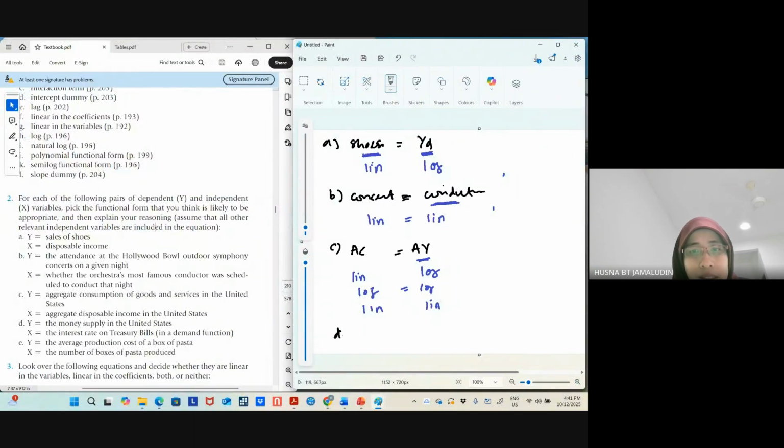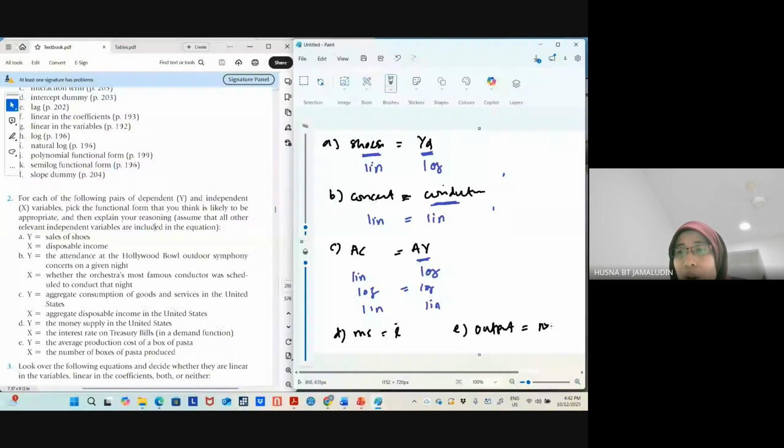D, money supply and interest rate are macro variables. So money supply and interest rate, this will be log. Okay. And E, average production cost. Production cost is normally what we call the cost of output. Output is a function of the number of boxes of pasta produced.